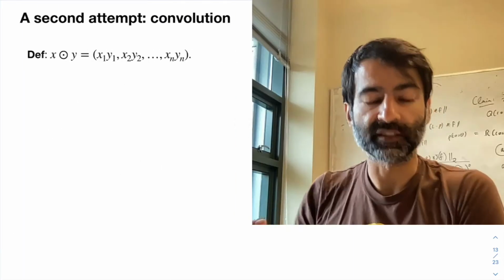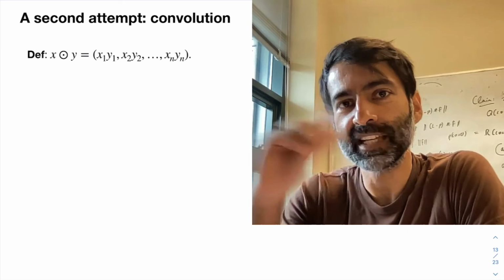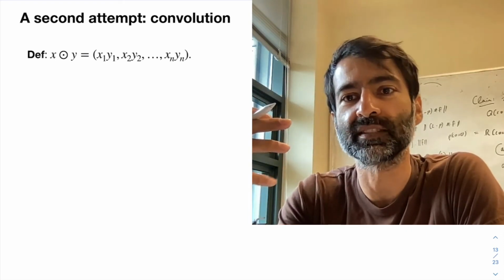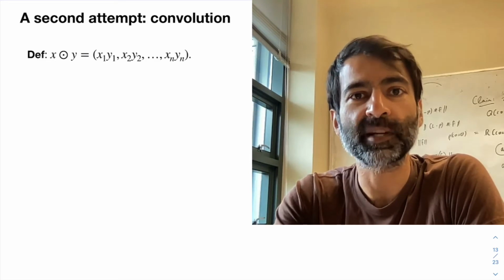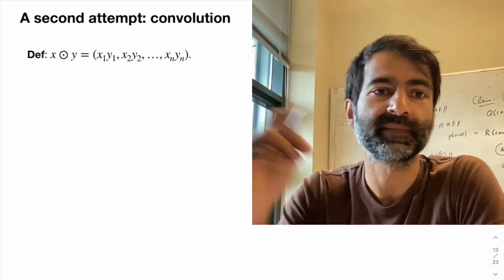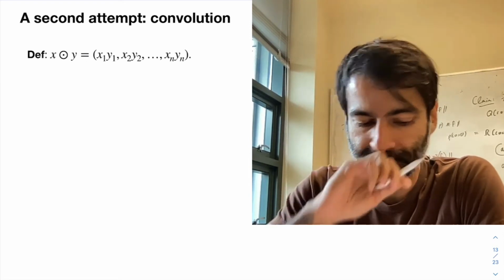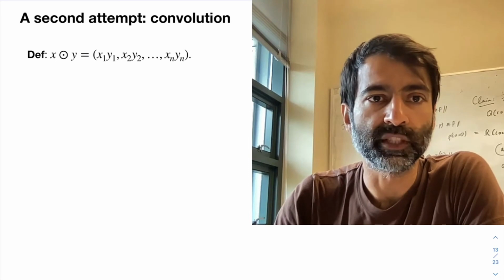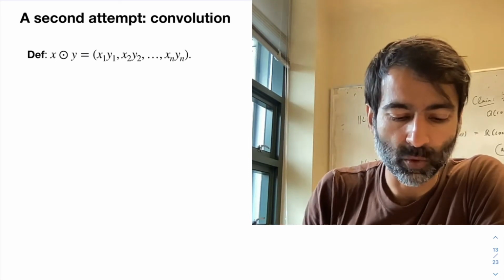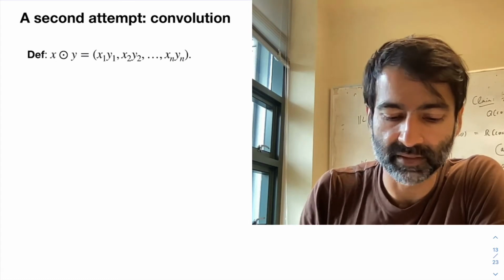The next idea that's useful is convolution. That's because projection to a subset of the Fourier coefficients can be expressed algebraically using convolution. So let me review what convolution means. Suppose you're given 2 points x and y in the Boolean cube, then let's define their coordinate-wise product using this symbol.